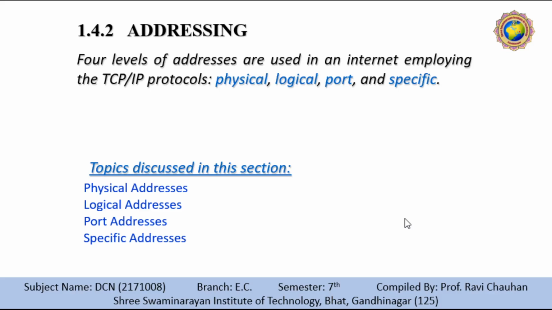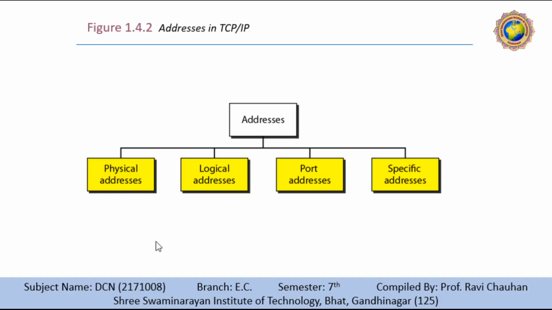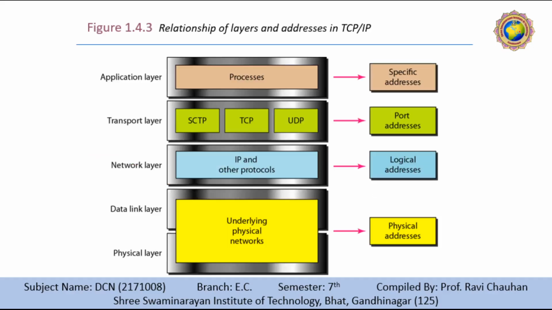Let us start with this figure. So 4 layers are there, 4 addresses are there: physical, logical, port and specific. We will discuss each and every one in detail. First, each address is related to a specific layer in the TCP/IP architecture, as shown in our figure, the relationship of layers in TCP/IP.